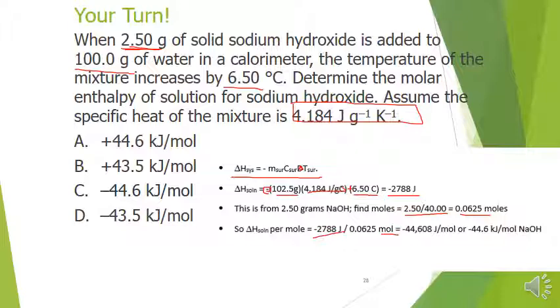Okay, how about sig figs? This has 3, this has 4, this has 3, so your answer can only have 3. So your final answer will be negative 44.6 kilojoules per mole of sodium hydroxide. And what that means is that you have sodium hydroxide, which is a solid, and then it goes to an aqueous solution.